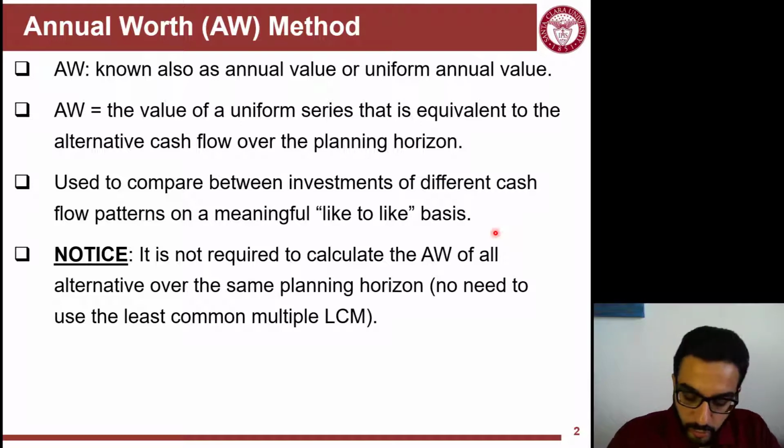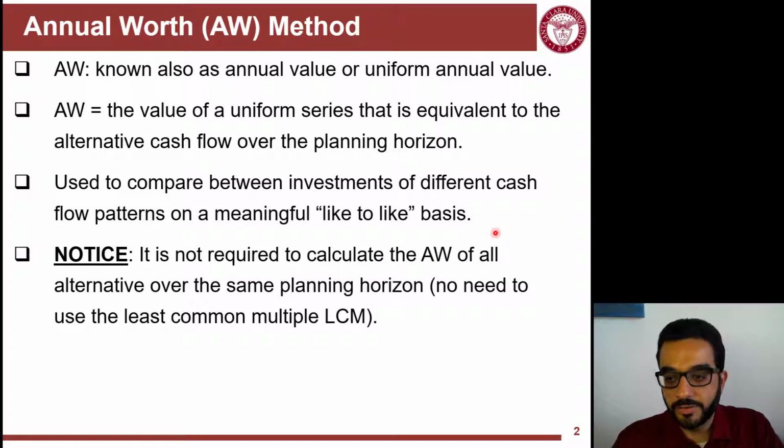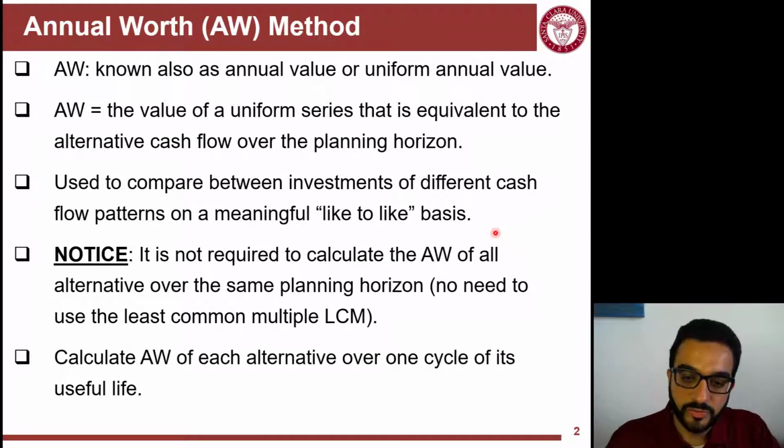So you don't have to go through that check of multiple different useful lives for alternatives and bringing everything to an LCM planning horizon for all alternatives. So you just jump directly into analyzing every cash flow. You don't have to repeat cycles of investments or buying and selling equipment and all that. It's just a single cycle of a cash flow.